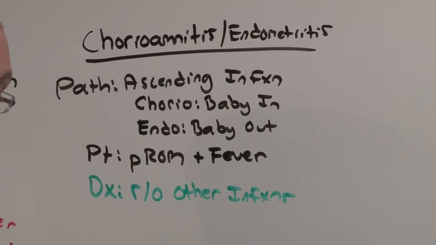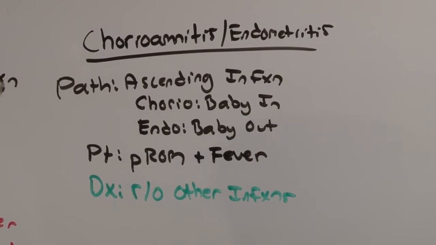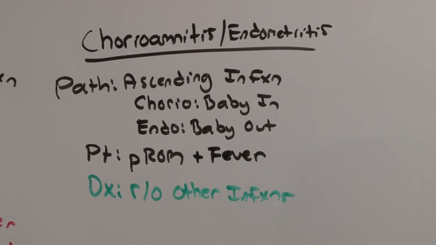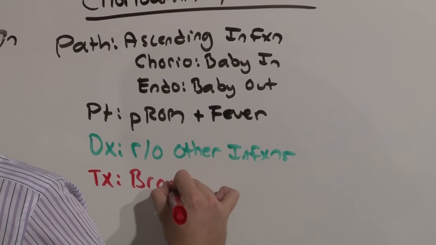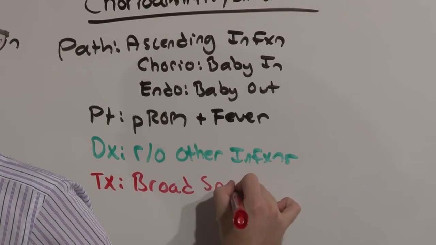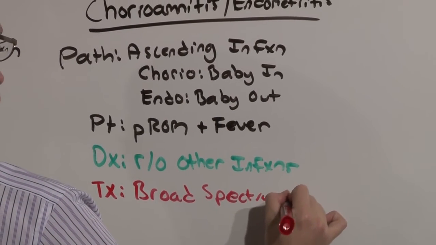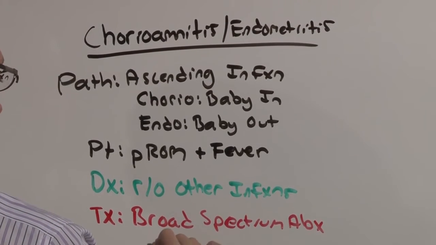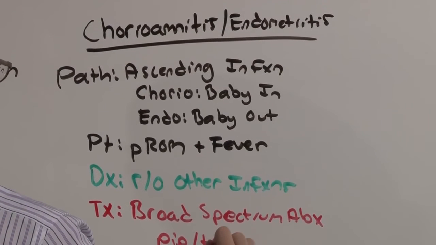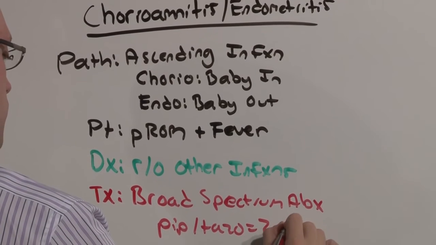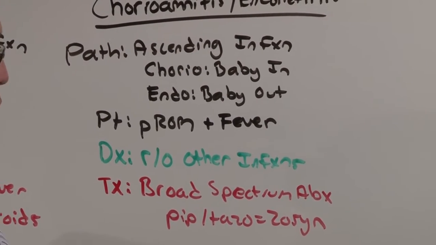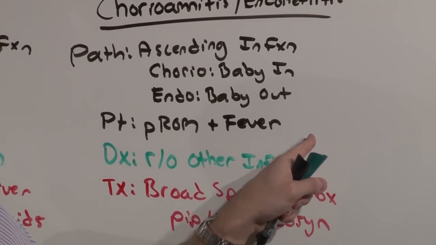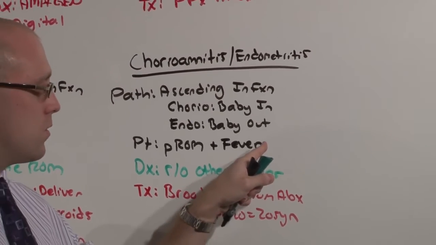So you have to look at the clinical vignette, look at the scenario, and decide, is this the most likely source of fever? While you do that, you're going to treat with broad-spectrum antibiotics. Generally, this means pip-tazo, which is Zosyn.